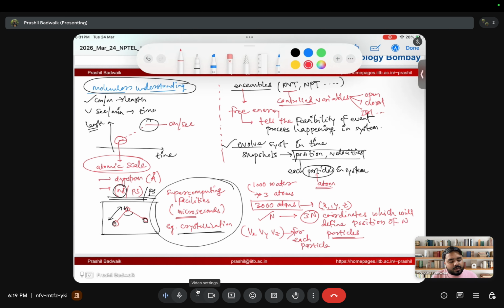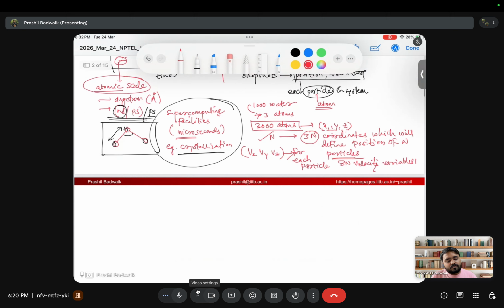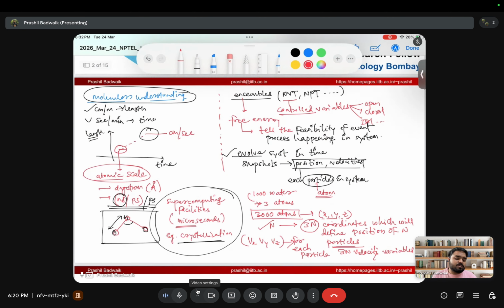So for n particles there will be 3n velocity variables, whose values are changing over time.